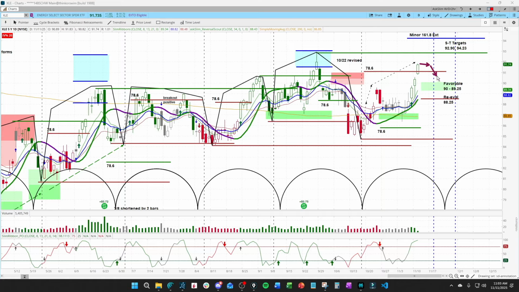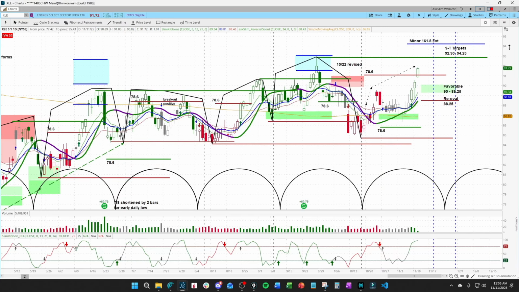So what this says is to really watch for small flags, and then for this to turn right back up to the upside. I am looking for a move, as I said, on the intermediate term, back through this old high through 92.90, and then a move up to that minor 161.8 fib at 94.23. If this loses the rising 21 on a closing basis, that would invalidate this.